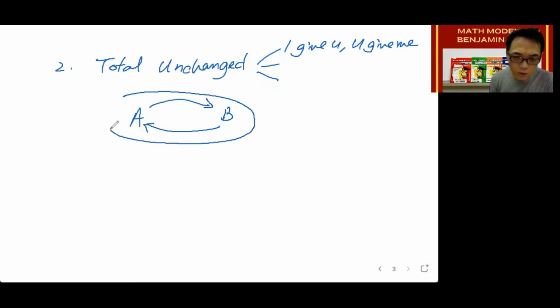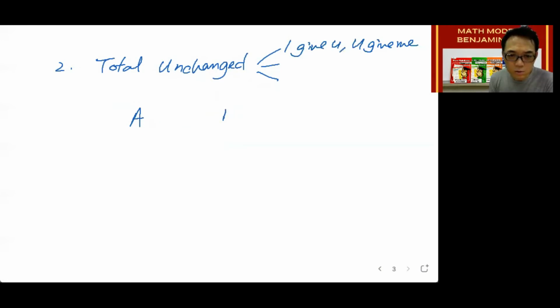Because it is still within this circle or this oval, then the total amount stays the same. Okay? So typically a question like this will be A loses 50 to B, B then loses 20 to A, and so on. This will be I give you, you give me.